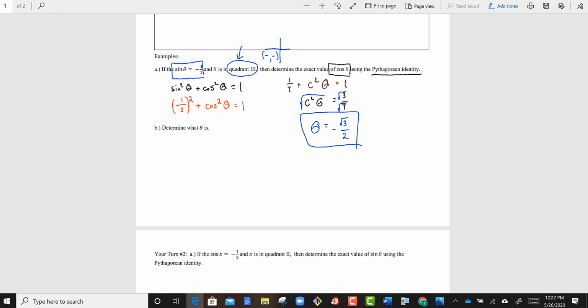This example also wants us to determine what theta is. For that, I'm going to utilize my unit circle. I know that we're talking about an angle that has an x-coordinate of negative radical 3/2 and a y-coordinate of negative 1/2, and theta is in quadrant 3.